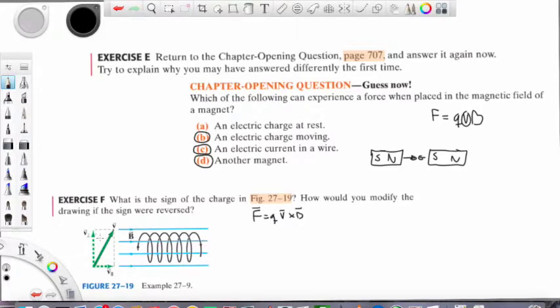Let's see how this works. We'll use our right hand rule. Now we have only this perpendicular component. If you take your right hand and point the fingers up in the direction of V perpendicular, and then curl them towards B to the right, your thumb ends up pointing into the screen.